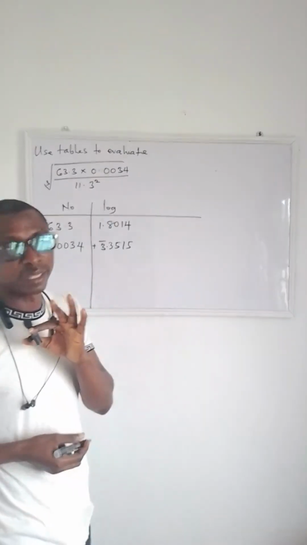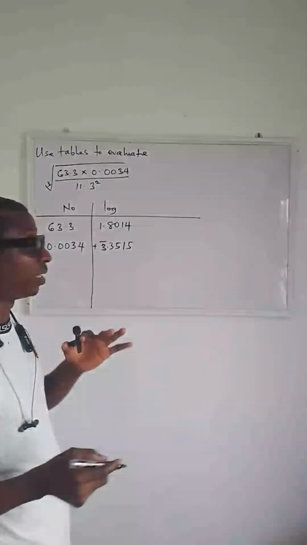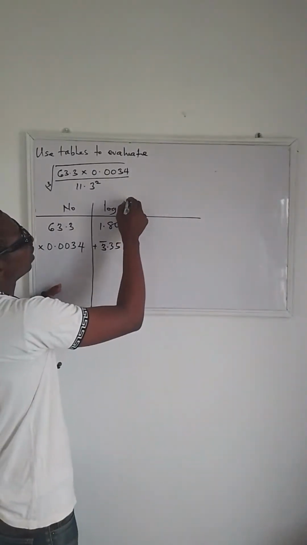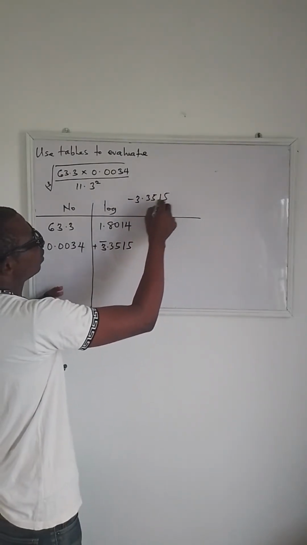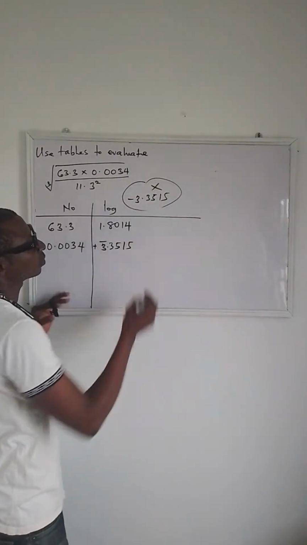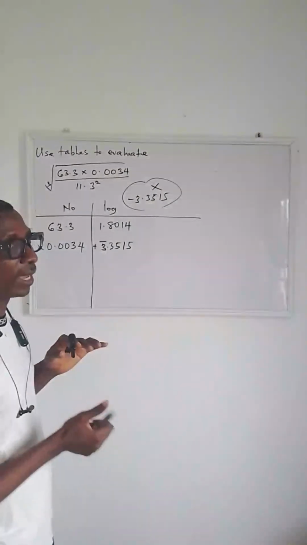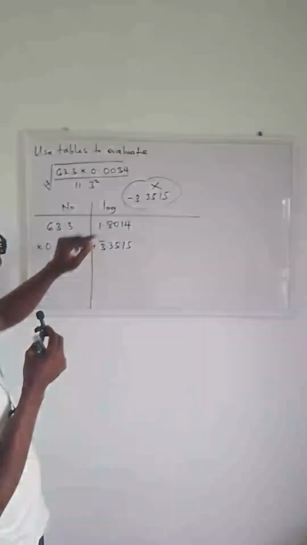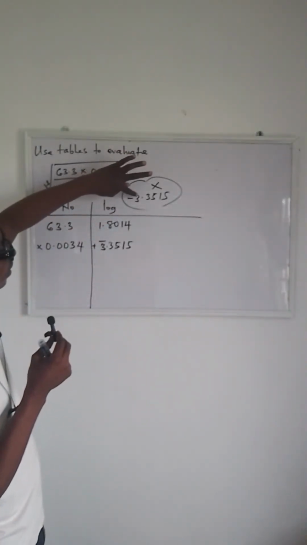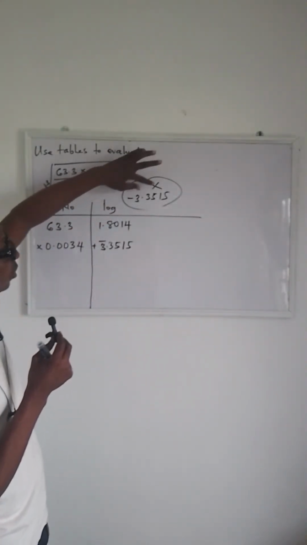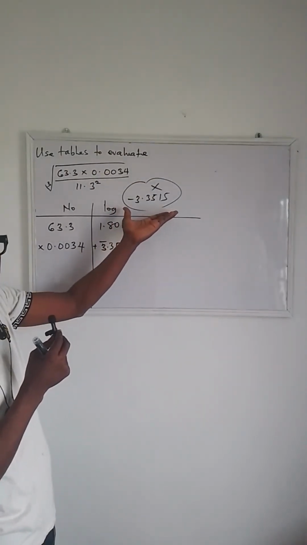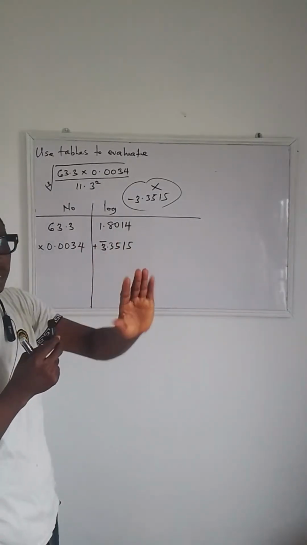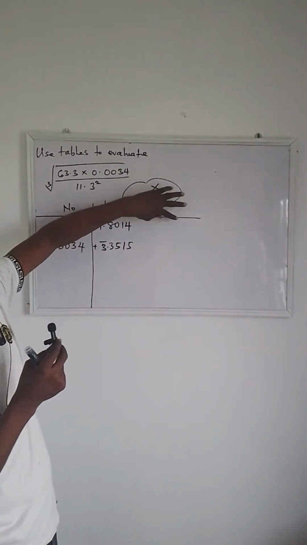Now please don't forget, because I'm seeing different answers there, it is wrong for me to write minus 3.3515. This is wrong, because the negative here is affecting this integer 3 and it's also affecting the decimal part. Numbers in logarithm are divided into two parts: the integer and the mantissa.